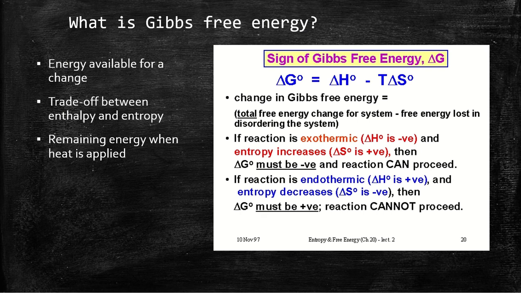And that remaining energy is quite useful because it could be quite large or small. So in this case, we want to know when that delta G tends to be larger and negative because it would proceed much better than the other ones, and tend to be much smaller and positive. So here we have two cases where in the first one, the delta H is quite negative, and in the second one it's positive.